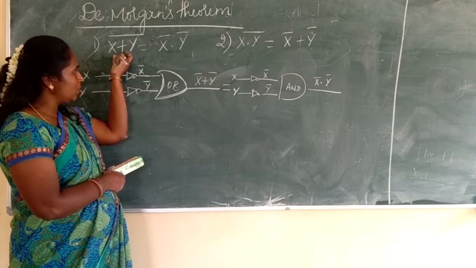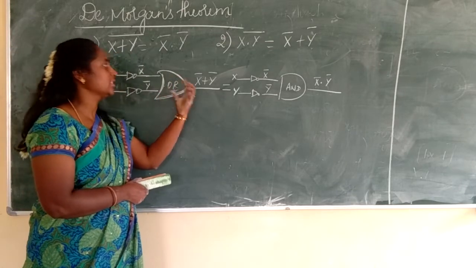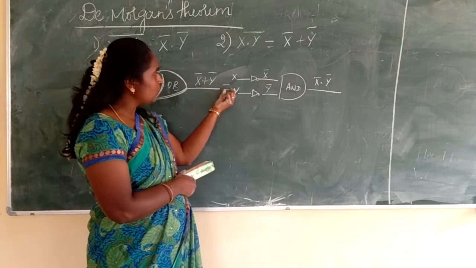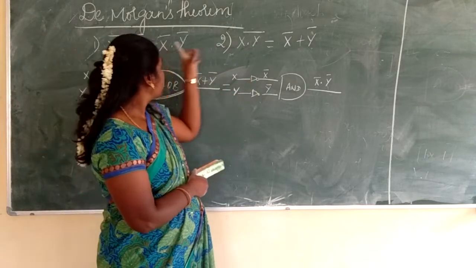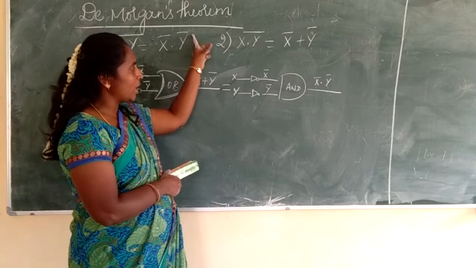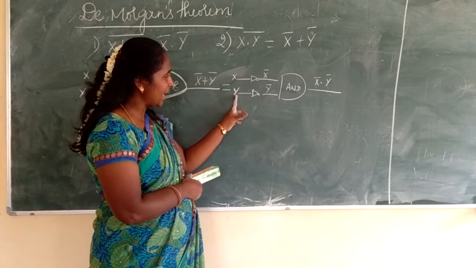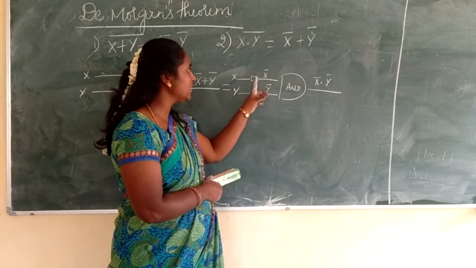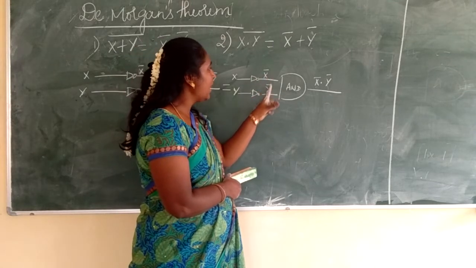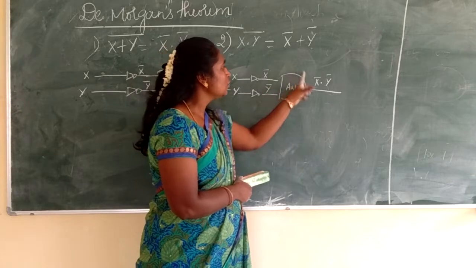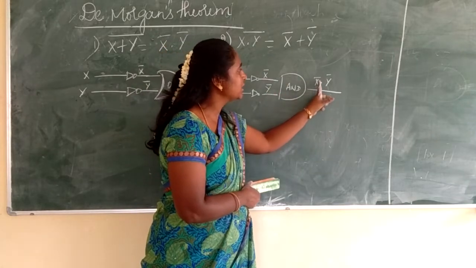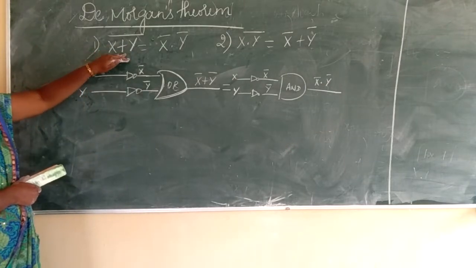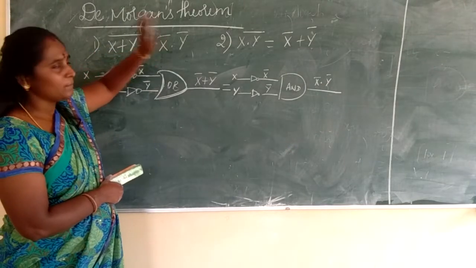These two are ORed using an OR gate, so the result will be x bar plus y bar. That should be equal to x bar into y bar. So with x and y as they are, use an inverter gate or NOT gate, so this becomes x bar and this becomes y bar. Use an AND gate. The result is x bar into y bar. We have to prove that x plus y whole bar is equal to x bar into y bar.